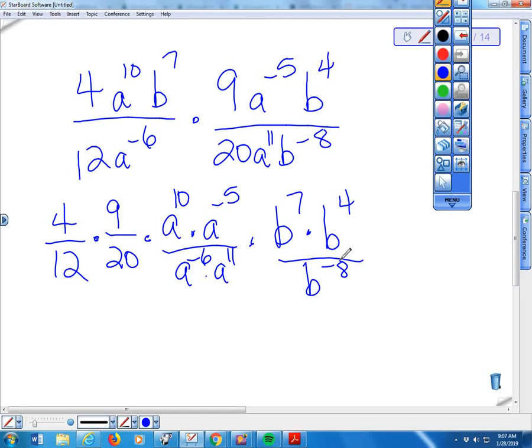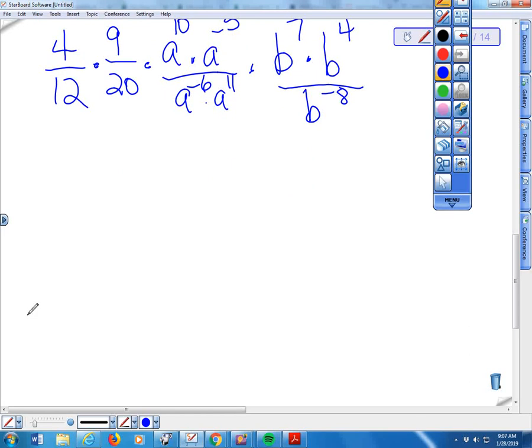Okay, so looking at my coefficients, 4/12 is 1/3. 9/20, can't really do anything with that. But what's 9 divided by 3? 3, so 3/20 is how this simplifies. So I have my coefficients simplified. Okay, let's move on to the A's.